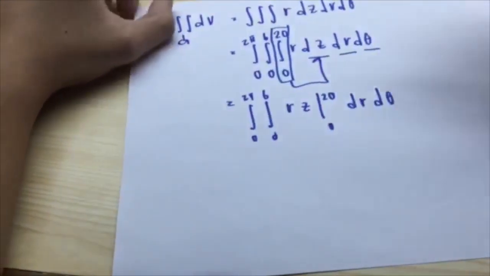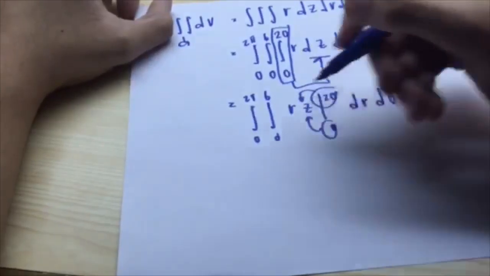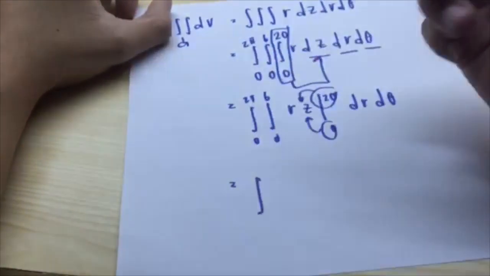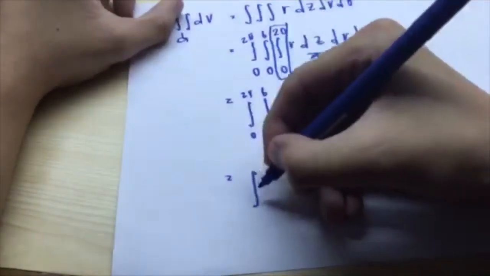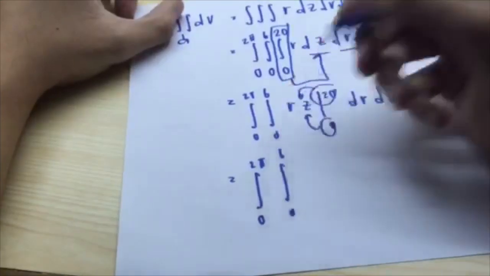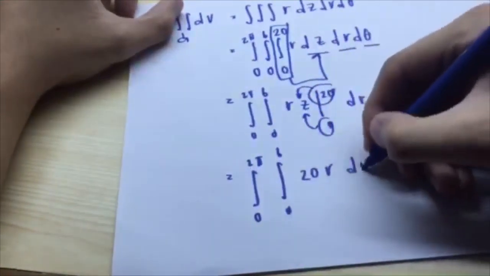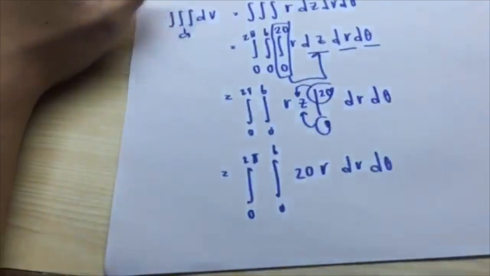So at the next step, we substitute the 20 for z and 0 for z. So the final result of the integral of dz is equal to the integral from 0 to 2 pi and 0 to 6 of 20 r dr dθ.